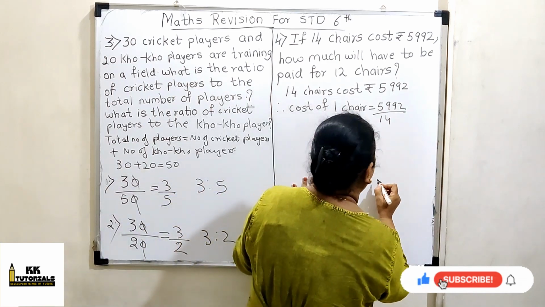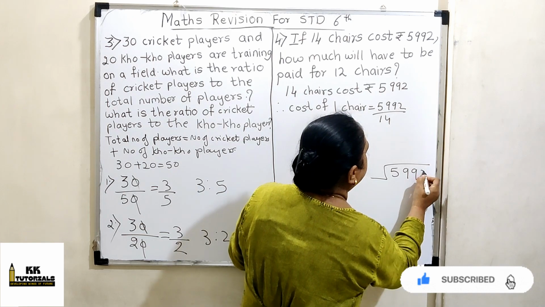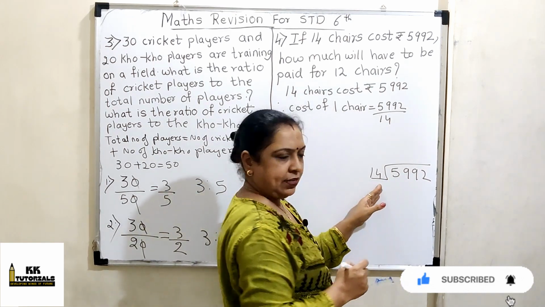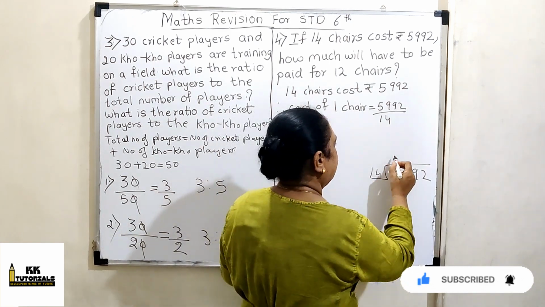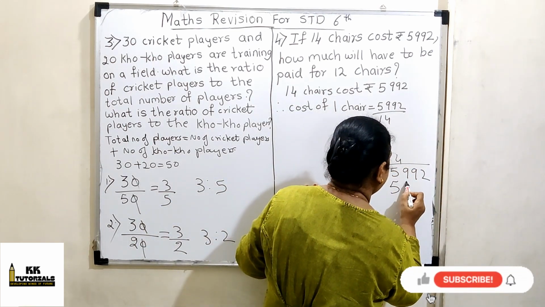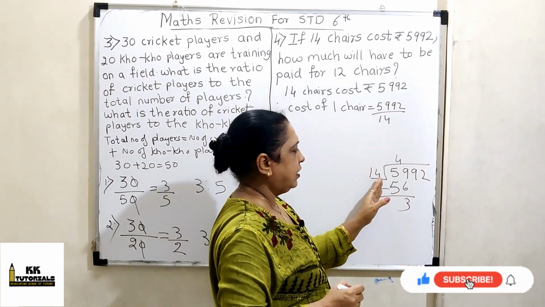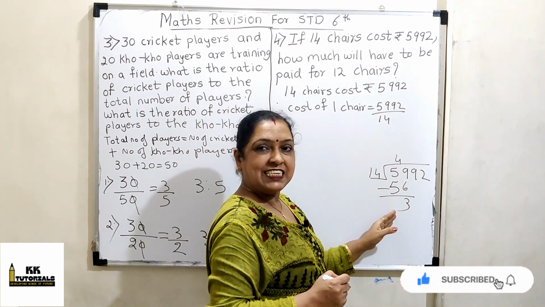I'll show you how to divide. 5,992 divided by 14. You know 14 fours are, 14 fours is how much? You know 56. Now 59 minus 56 is 3.